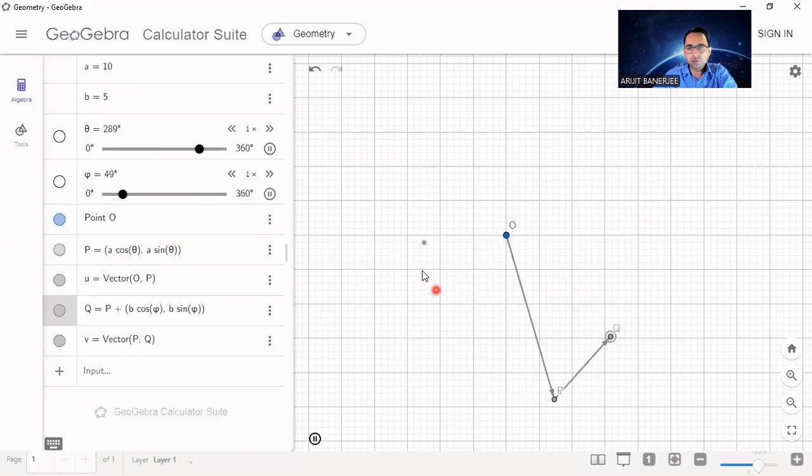As you can see, I have set the sliders so that the angles are changing. But here one thing to observe is that both are having the same speed, that is 1x and 1x. That is why the system, that is OPQ, is appearing to be rotating like a rigid object.